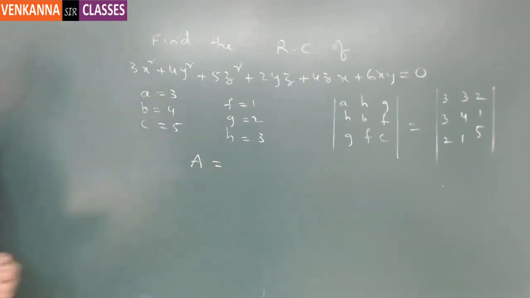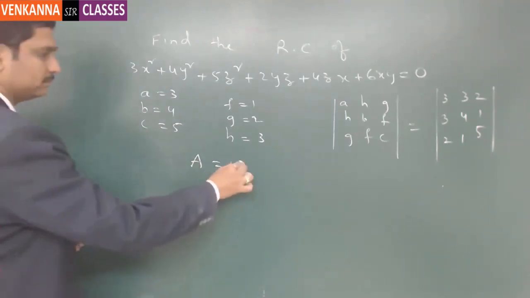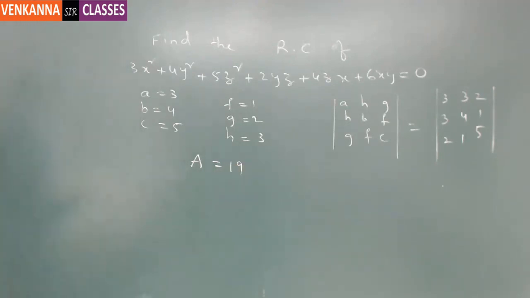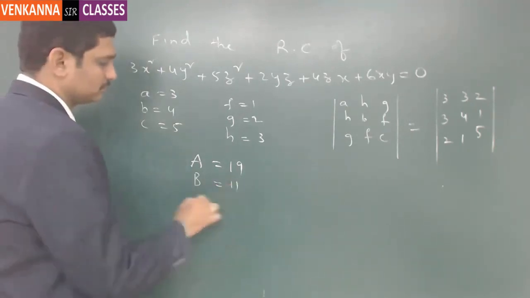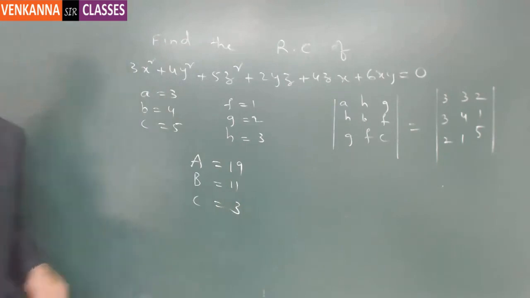If you calculate the cofactor there, is that 19? And for capital B and capital C, you have B is equal to 11 and C is equal to 3.